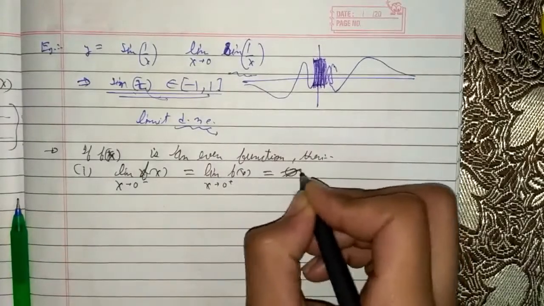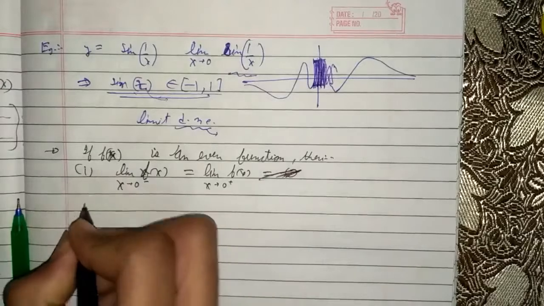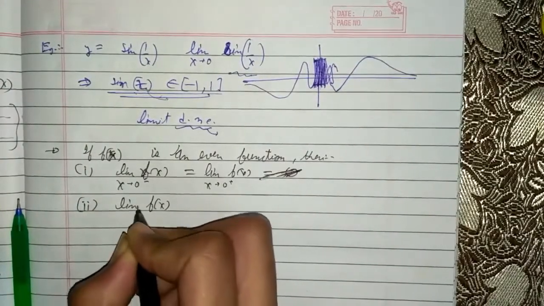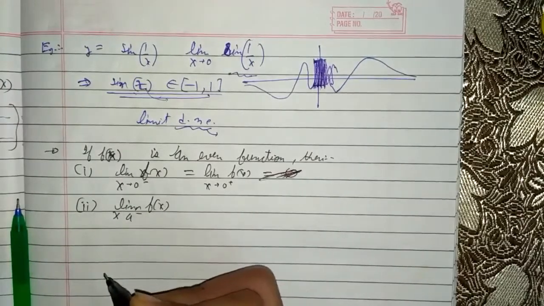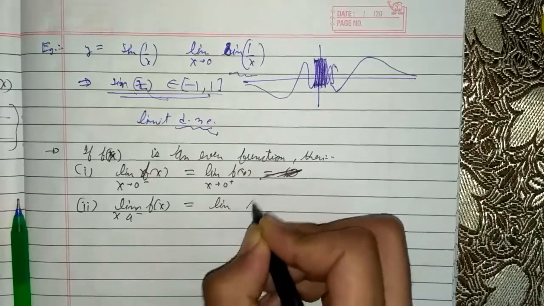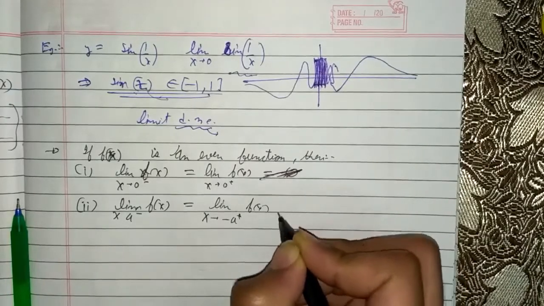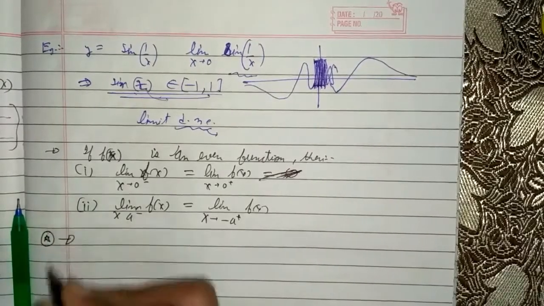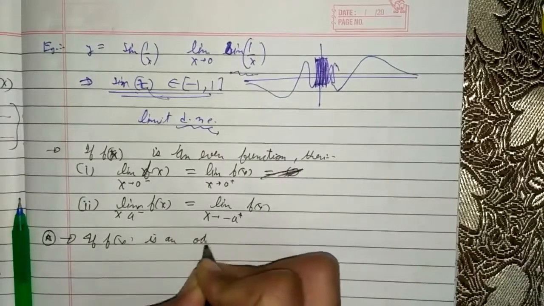And second, limit of f of x as x tends to a minus is equal to limit of f of x as x tends to minus a plus. Quite obvious.